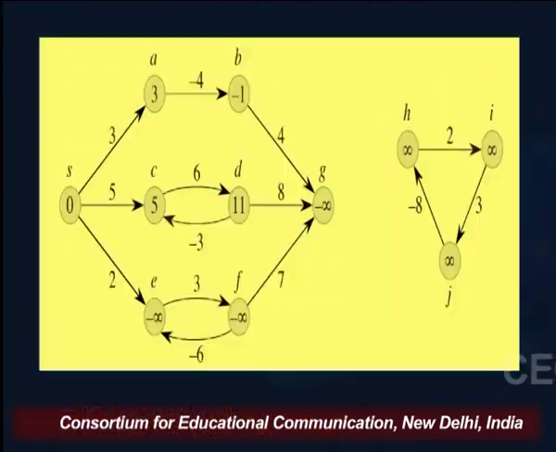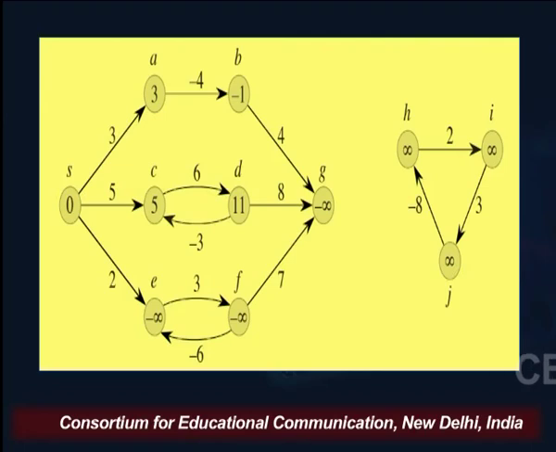Now, what do these graphs look like? Here is a snapshot from the book on algorithm design by Cormen. Here we have a graph. You can notice that between A and B there is a negative edge of weight -4.